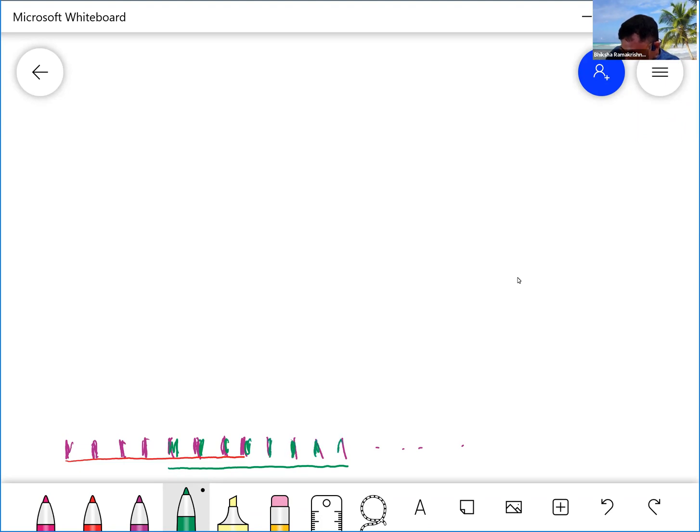Then the MLP itself has 3 layers. It has 8 neurons in the first layer, 16 in the second layer, and 4 in the third.